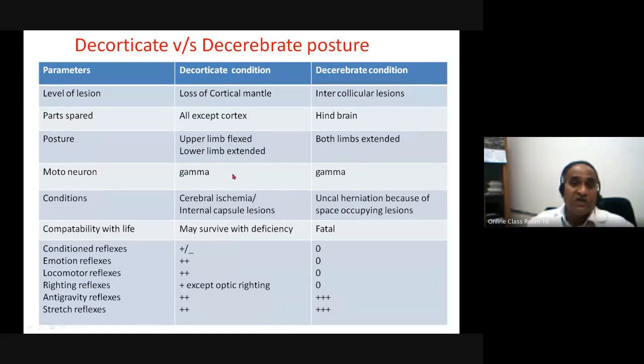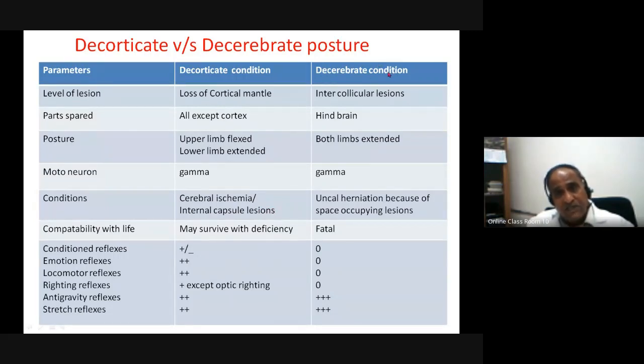Because in the decorticate preparation, the red nucleus and other basal ganglia inputs reaching the pontoreticular nucleus are still suppressing. The conditions: decorticate results from global cerebral ischemia, anoxia, or an internal capsule lesion.